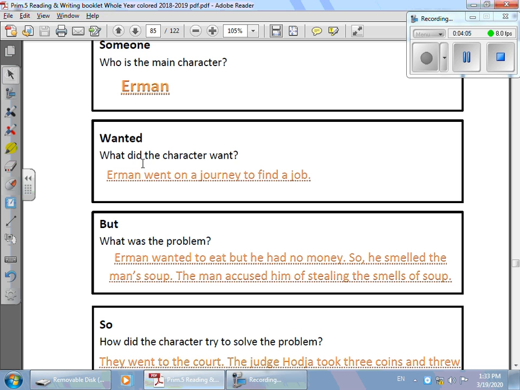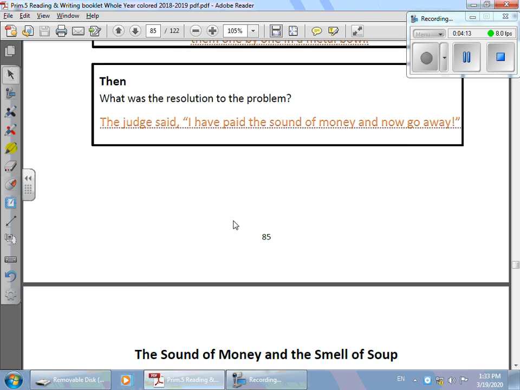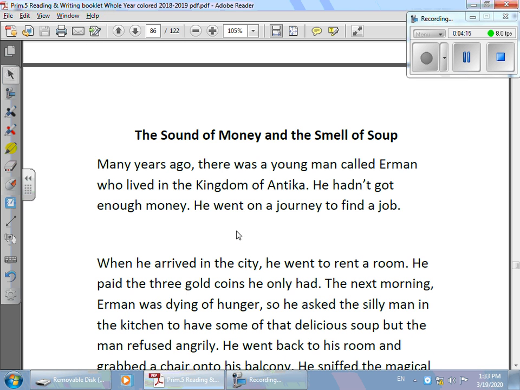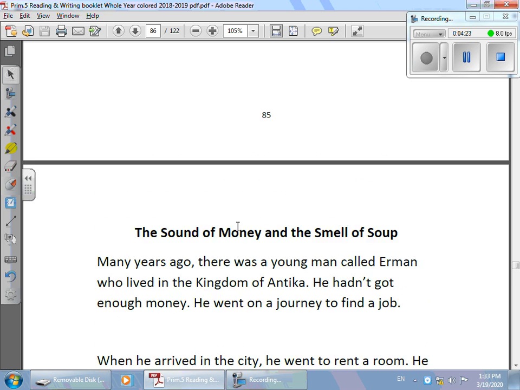After that, you are going to say, what did the character want? Erman wanted to find a job, so you mention this in the paragraph. He went on a journey to find a job, so you must write this.